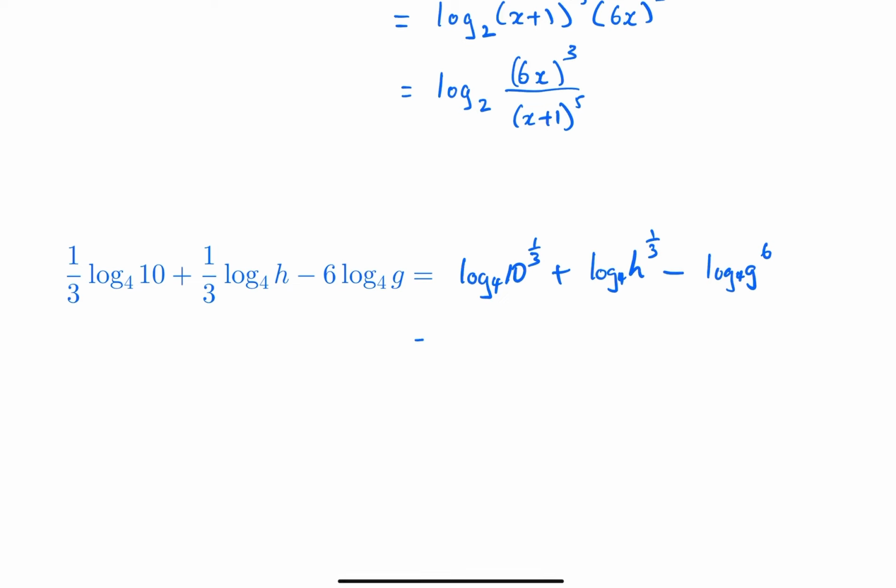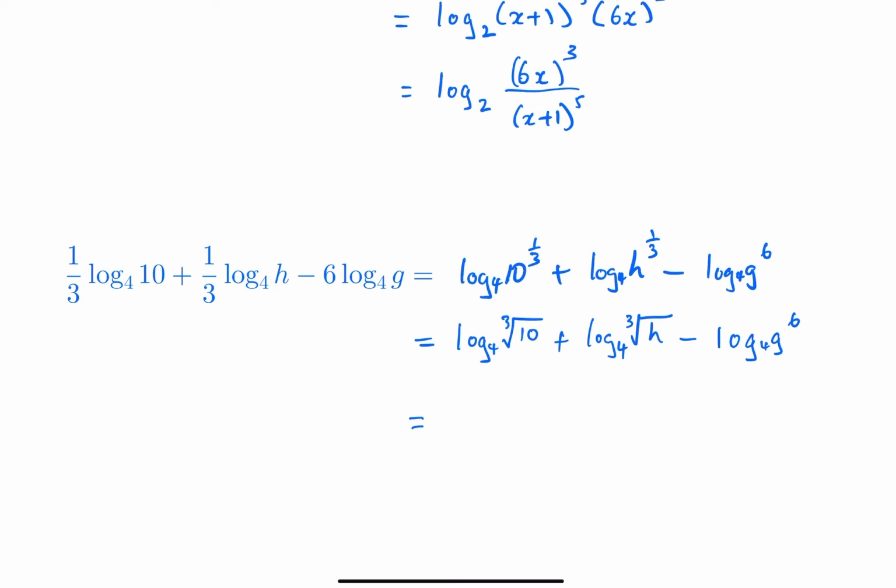Okay, so we're going to rewrite the exponential power into a radical. So this becomes log of the cube root of 10 base 4 plus log of the cube root of h base 4 minus log of g to the 6th power base 4.